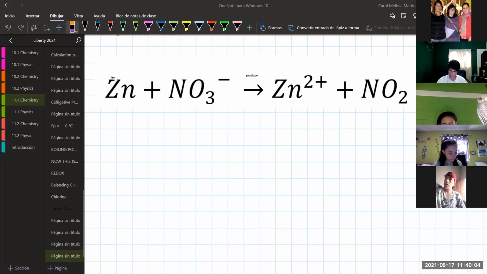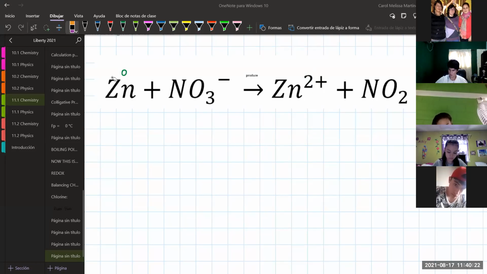So here I have a pure element. Pure elements have charges of 0. Now, monoatomic ions are equal to the charge.